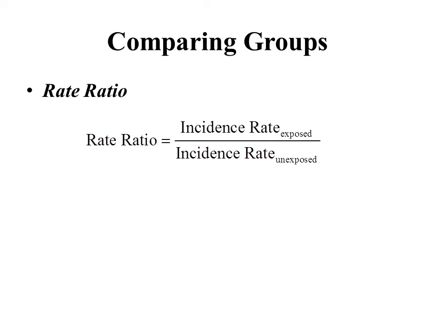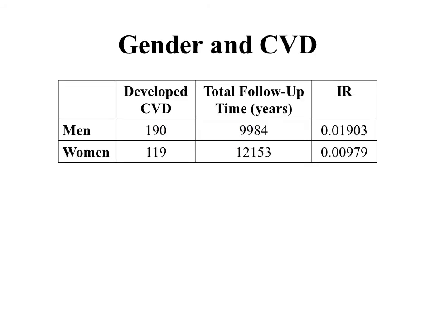Another way of comparing groups is with what we call the rate ratio. The rate ratio is the incidence rate of the exposed divided by the incidence rate of the unexposed. So here we're calculating incidence rates rather than prevalences.